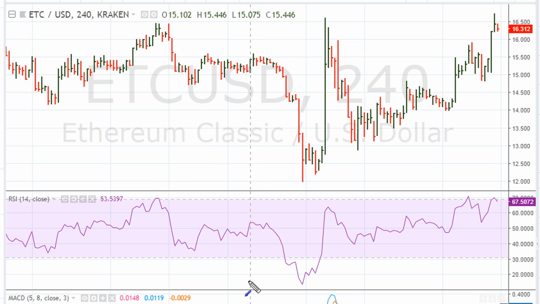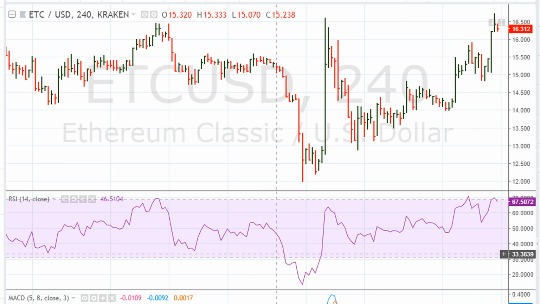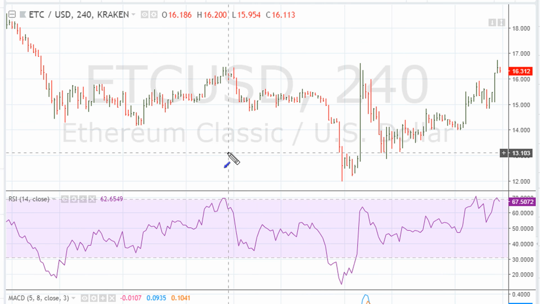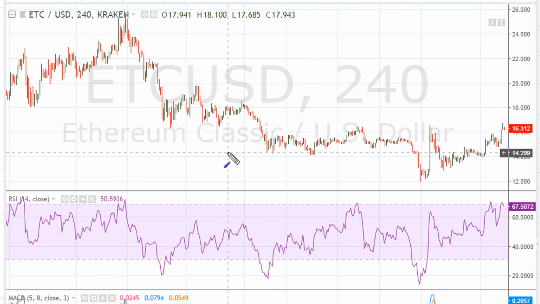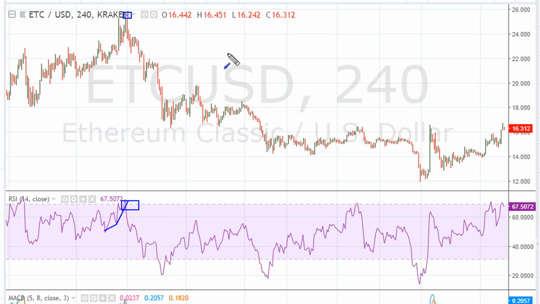Now if we zoom out even more and look at more data, we actually see another interesting point, which is the break point. So there's a break here off the highs. The price there was at about 26.